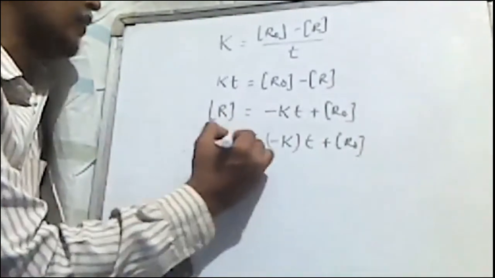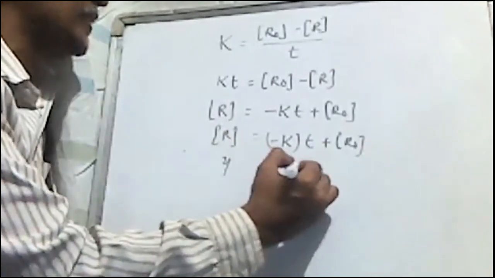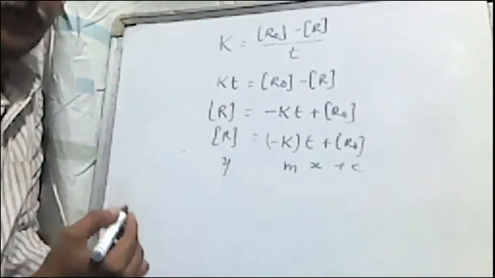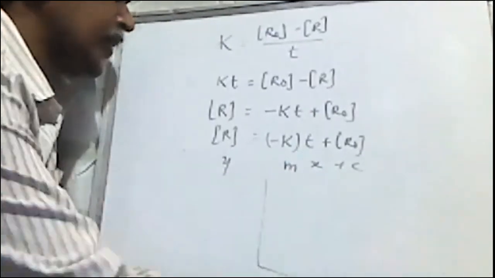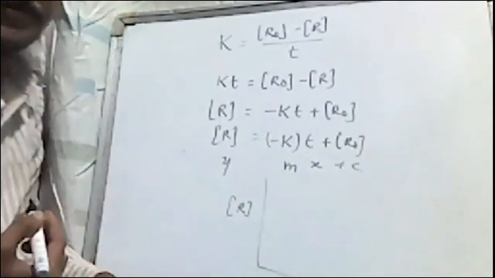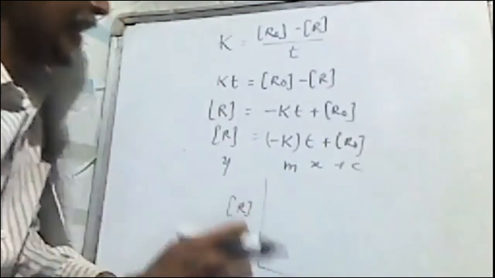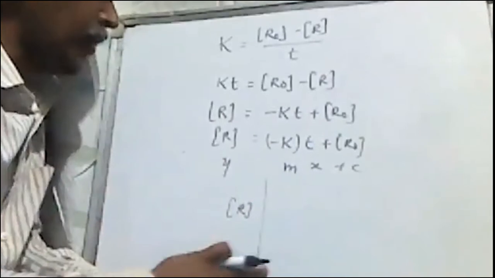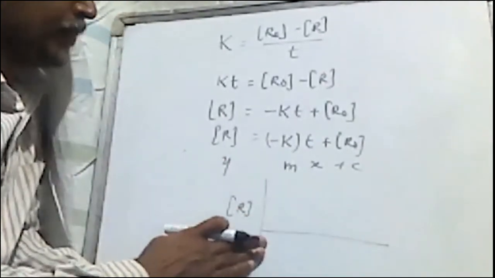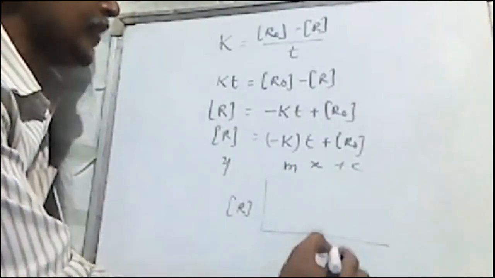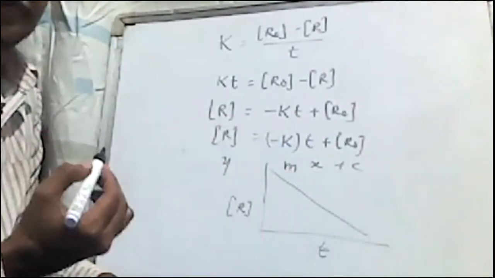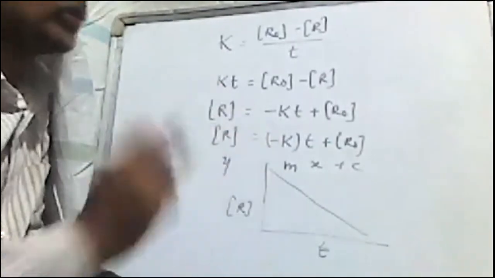Now, if you observe, it is in the form of y = mx + c. If I plot concentration of reactants versus time, the plot is a straight line with a negative slope.